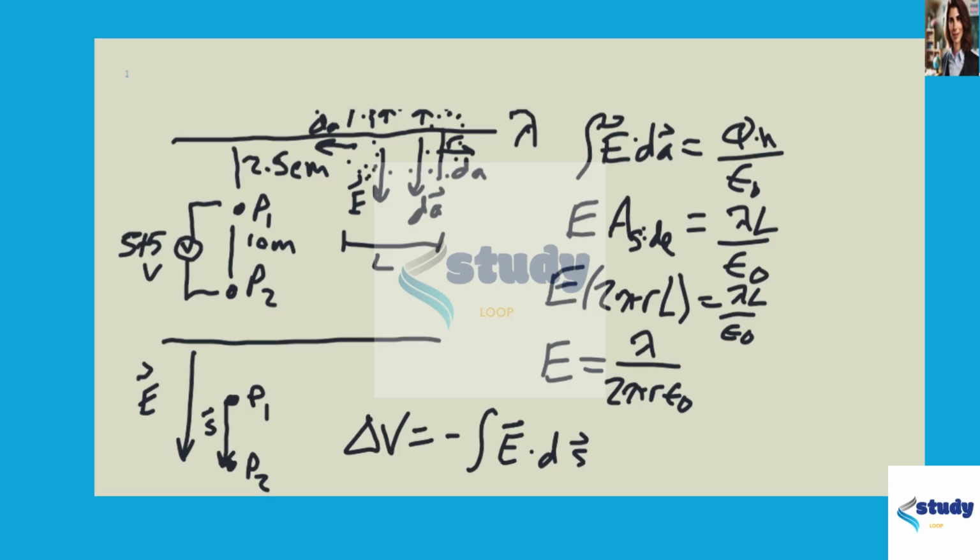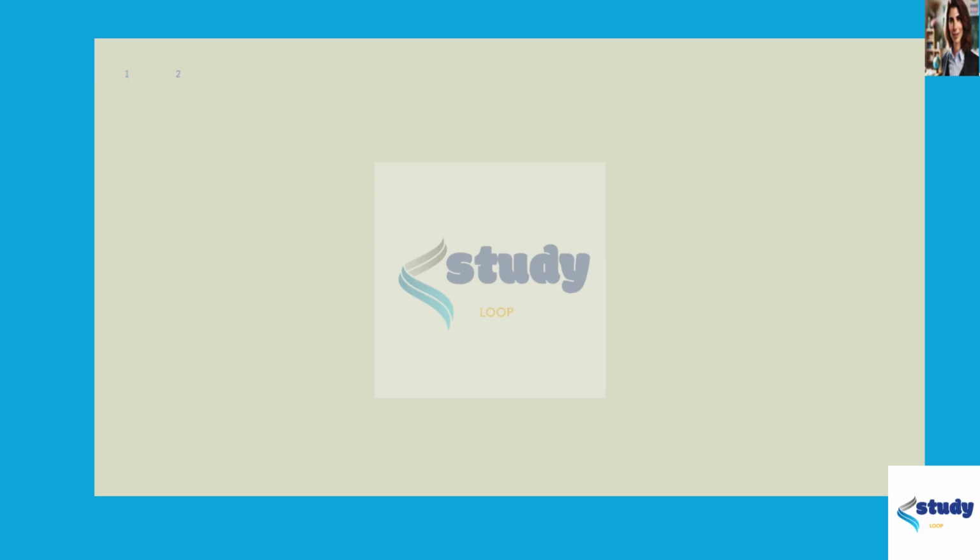So delta V is equal to minus the integral of E dot ds. Since s and E point in the same direction, this dot product just becomes the magnitude, so it's minus the integral of E ds. Now we plug in E and put some limits on this.